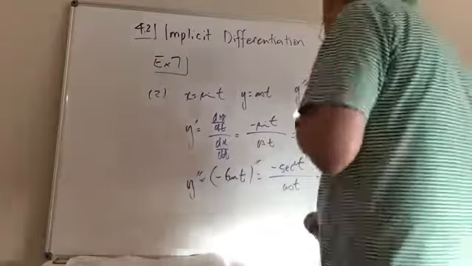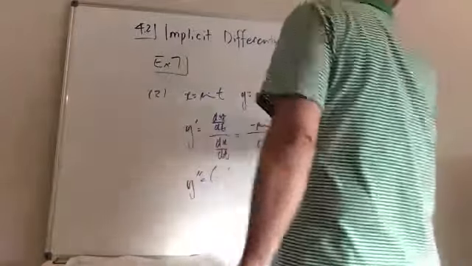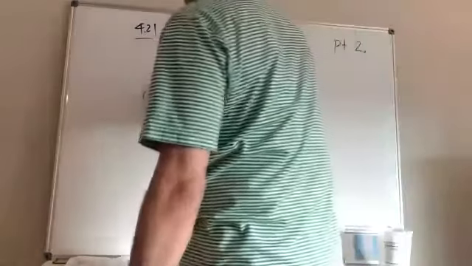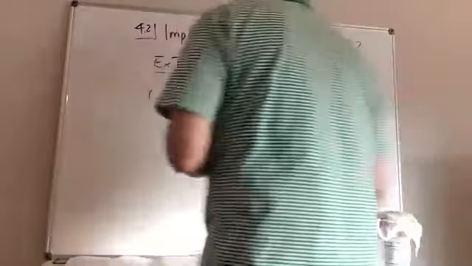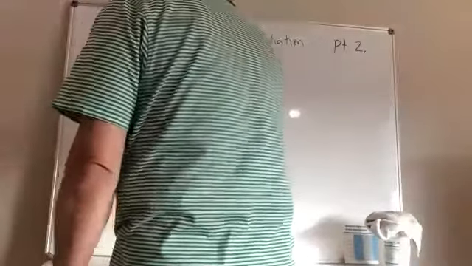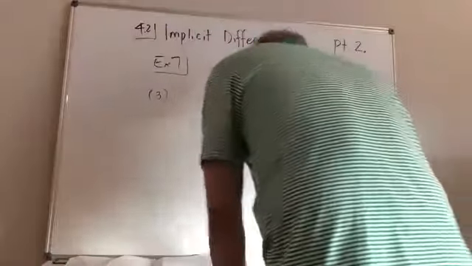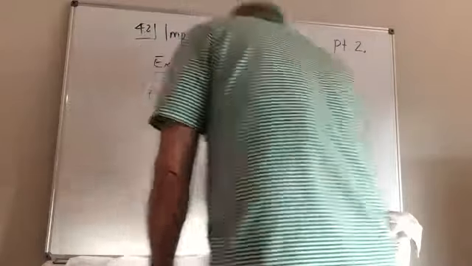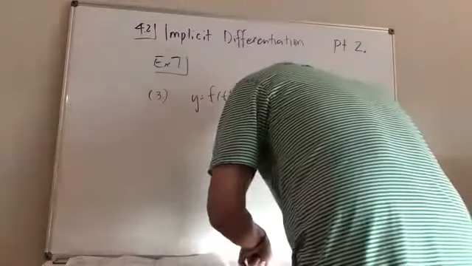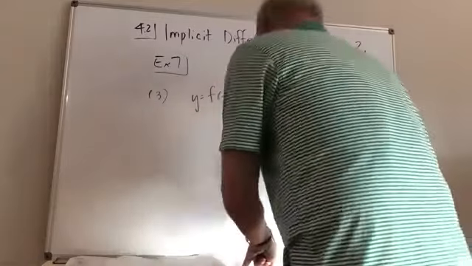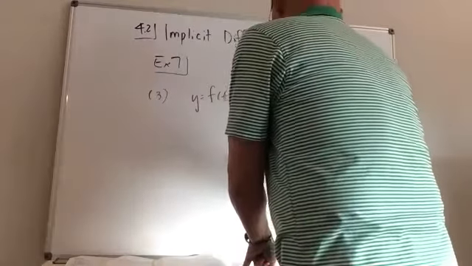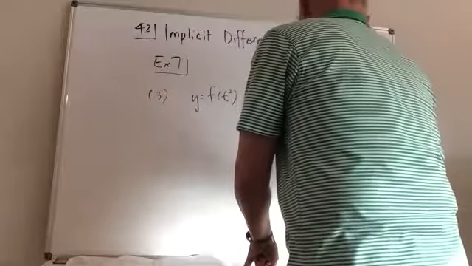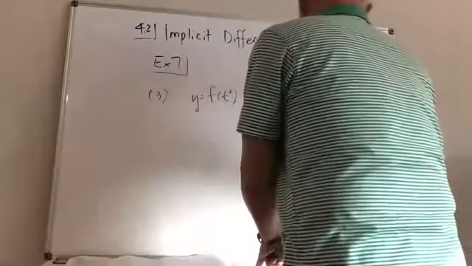Okay. Last but not least, we have number 3, and in number 3 we have y is equal to f of t squared and f prime of x is equal to 2 minus cosine x.